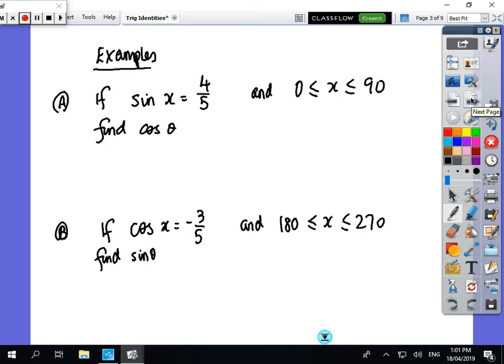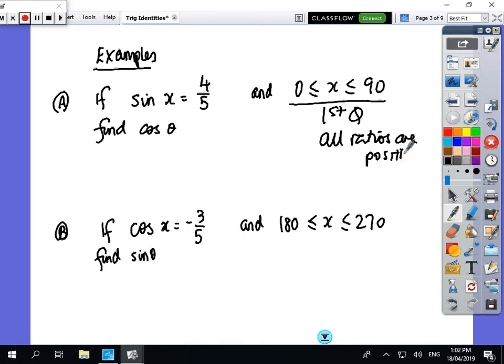Okay, so the first one's if sine x equals 4/5, and so that tells us we're in the first quadrant, so all ratios are positive. So sine x equals 4/5. So I just write down sine squared plus cos squared equals 1.